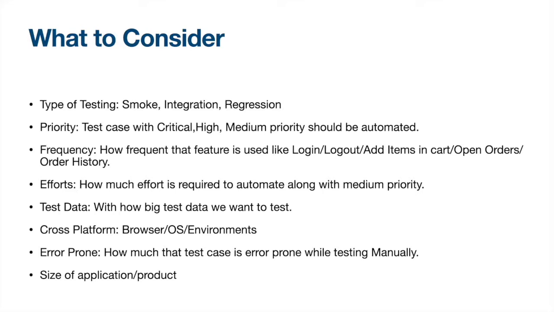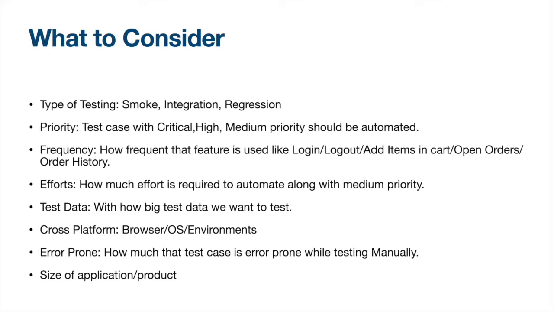So first you need to identify what kind of testing I am going to achieve through this automation test suite. Am I going to create a smoke automation test suite, an integration suite, or is my consideration a regression test suite? Okay, so this is the first thing.